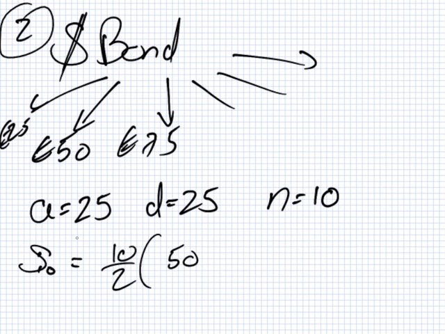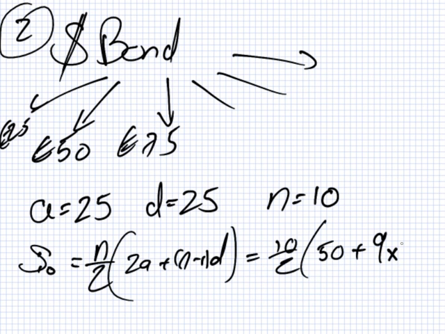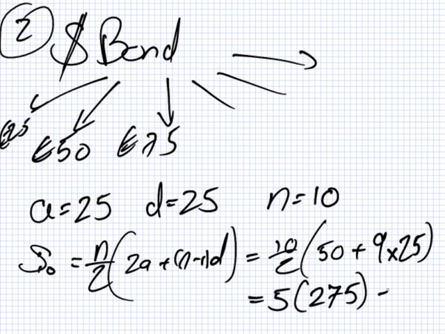So the formula I'm using here is n over 2, 2a plus (n minus 1)d, which will be 10 over 2, 2a plus (n minus 1) times d, which is 5 times 275, which I think we said is 1,375. Is that okay? I want everybody to read number 3. It's a bit long, have a read of it.